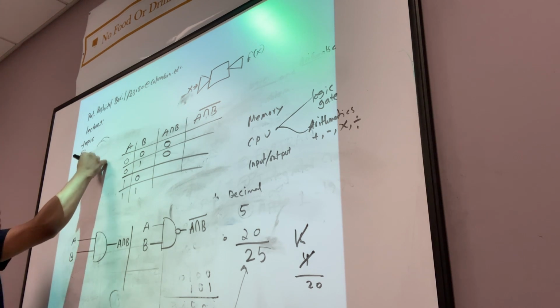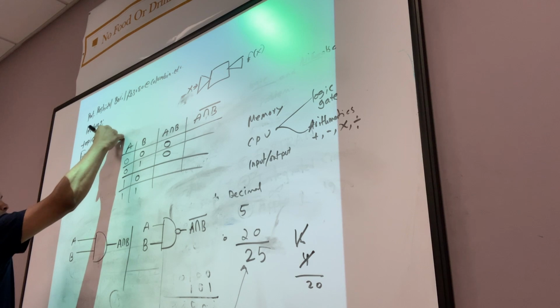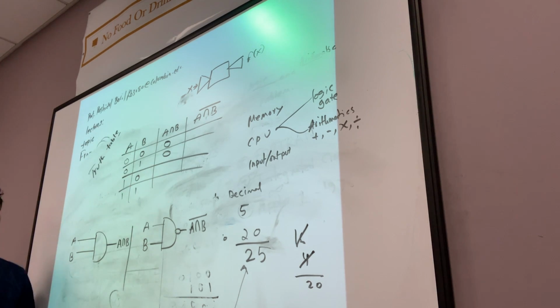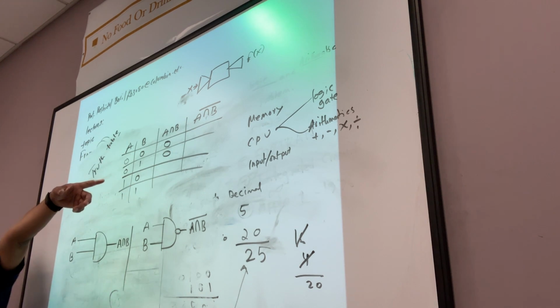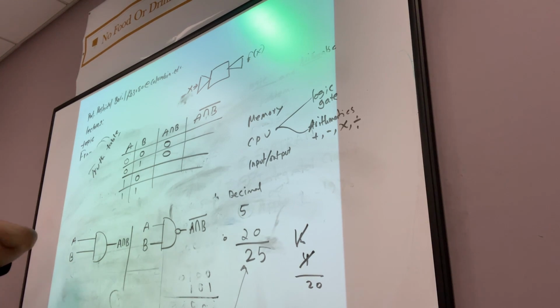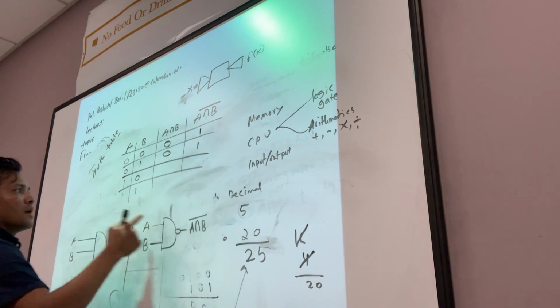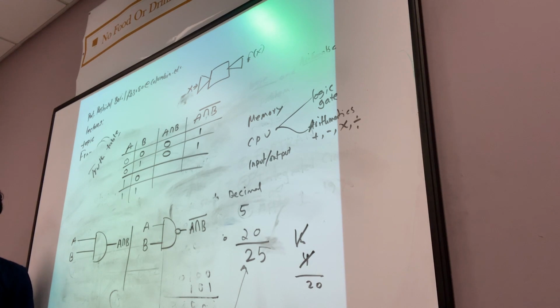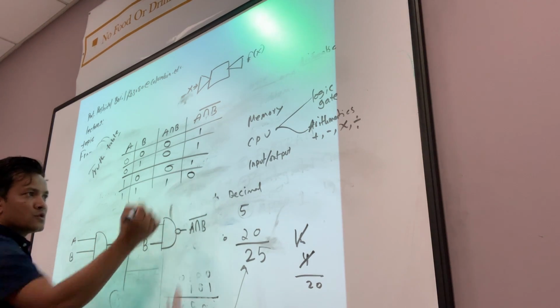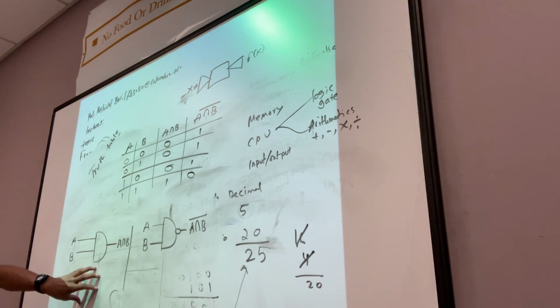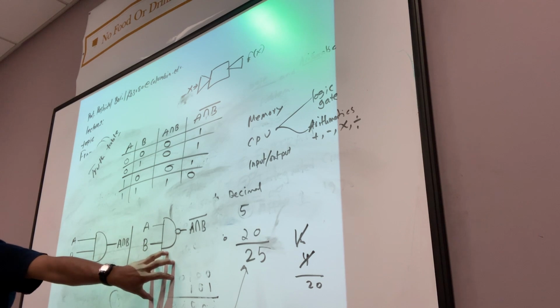This is called truth table. What would be the complement? 1. 1 and 0? 0. What would be the complement? 1 and 1? And what would be the complement? 0.